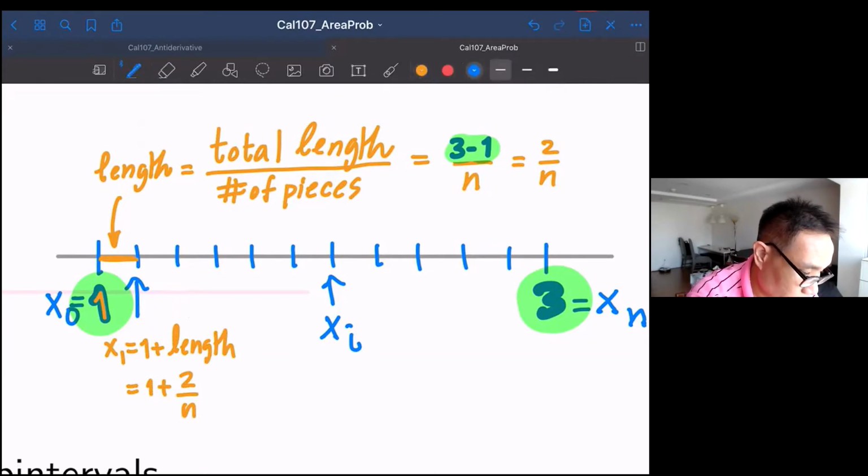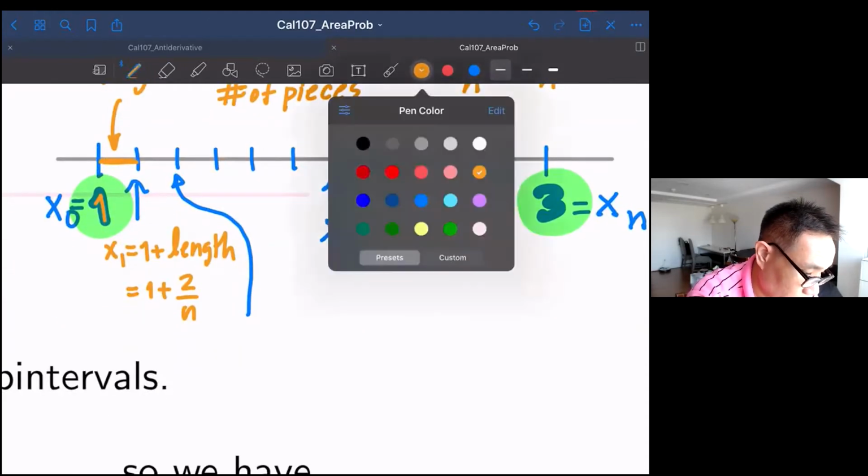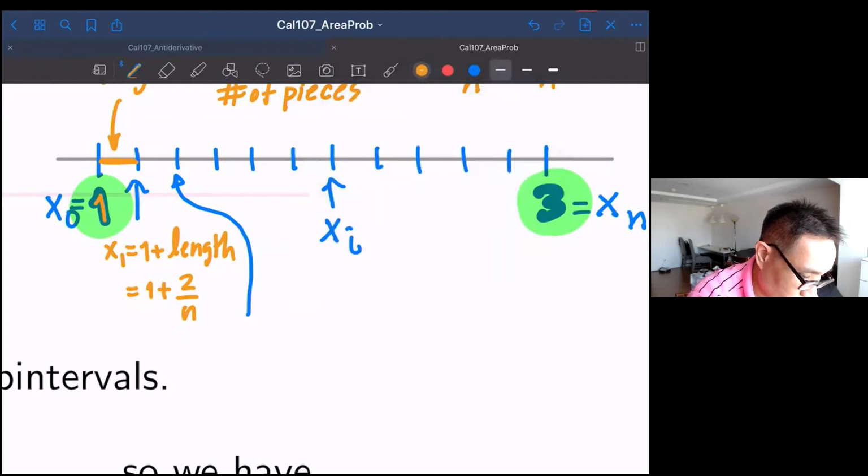So if I'm working on my x2, let me mark x2 somewhere here. So for my x2, you see that it's going to be 1. Okay, so x2 turned out to be again 1 plus the length.